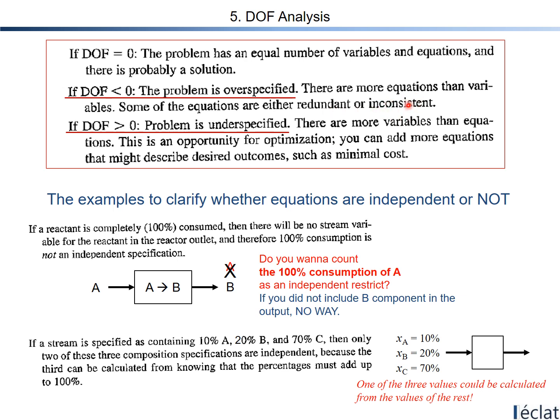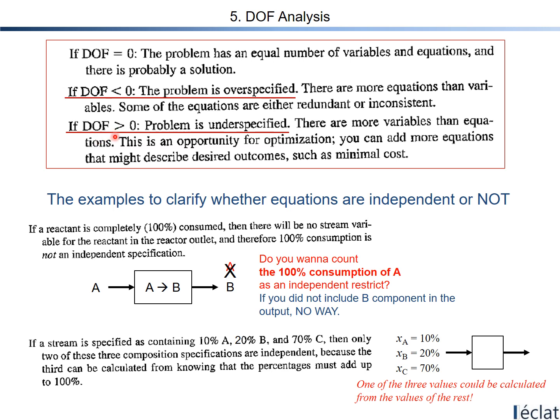So again, some of the equations would be the same, so you should not count one of them. Or sometimes they are inconsistent. So in that case, your problem is problematic, or a bad problem.